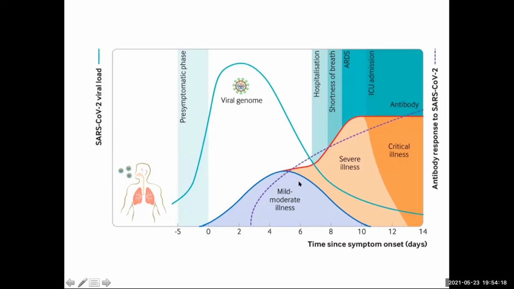Initially mild. Actually, most are asymptomatic. But some, maybe about 20%, might go into severe illness, and another smaller percentage might go into more critical illness needing ICU care. So this is the rough timeline of the disease.